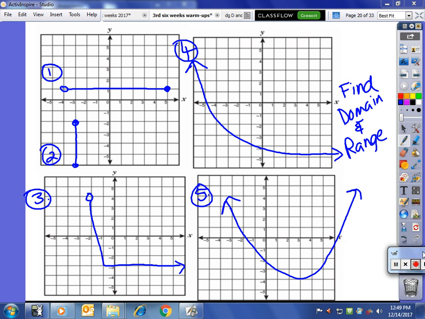Alright, let's do these together, shall we? Alright, domain is x values, right? So let's look at number 1, the line segment. For domain on a picture, first of all, there's millions of x values on this line segment. Do you agree with that? I cannot list them all. So I've got to tell what the highest x value is on this picture and the lowest.